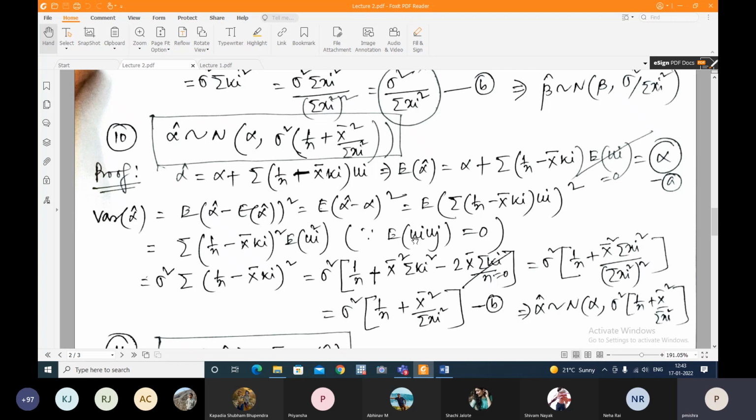Then again 1 by n into 1 by n minus x bar k2 whole into u2. Now when you do that, there would be a term u1 u2, and the mathematical expectation of that would be equal to 0 by assumption.